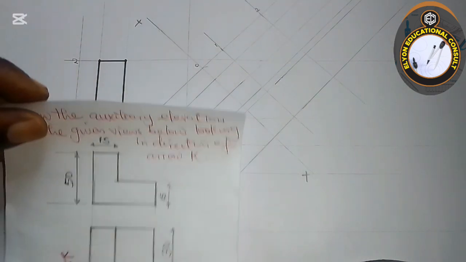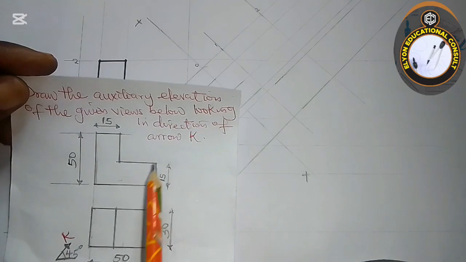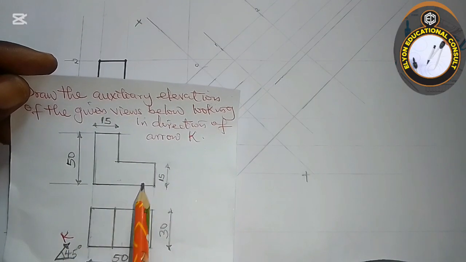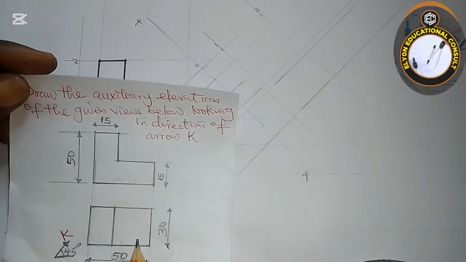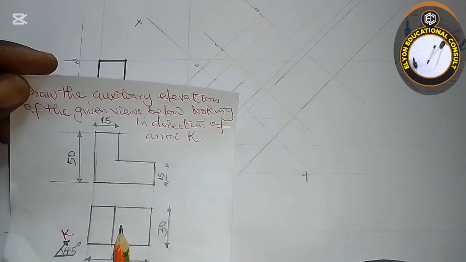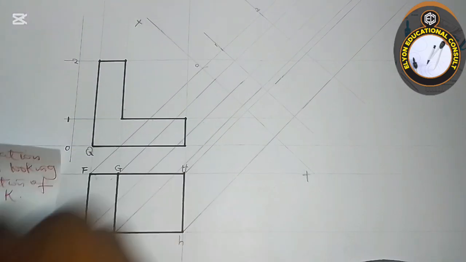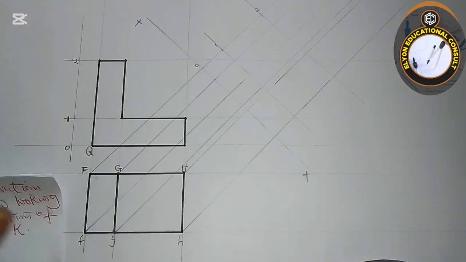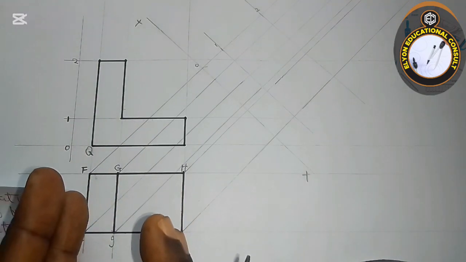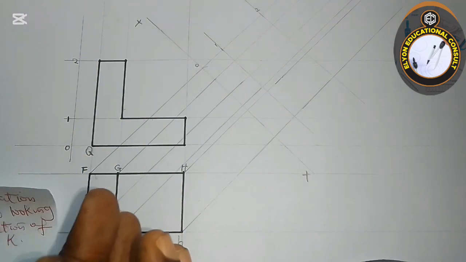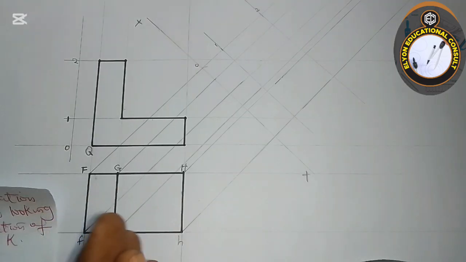Because we are looking from this direction, this is our front view and this is the plan. Now if this point is my lowest point Q, if I am to represent this in isometric drawing or projection, it is going to give us something like this.